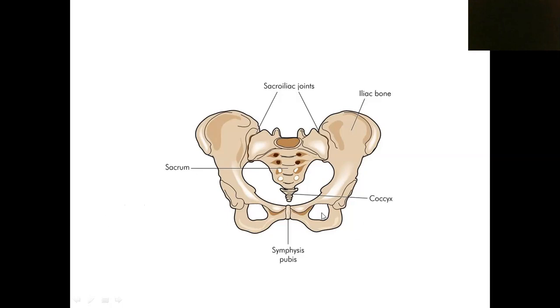The obturator foramen is triangular in females and oval in males. The anteroposterior diameter is more in males, while the transverse diameter is more in females. The shape of the inlet is rounded or oval in females and heart shaped in males. Those are some of the important points of the male and female pelvis.